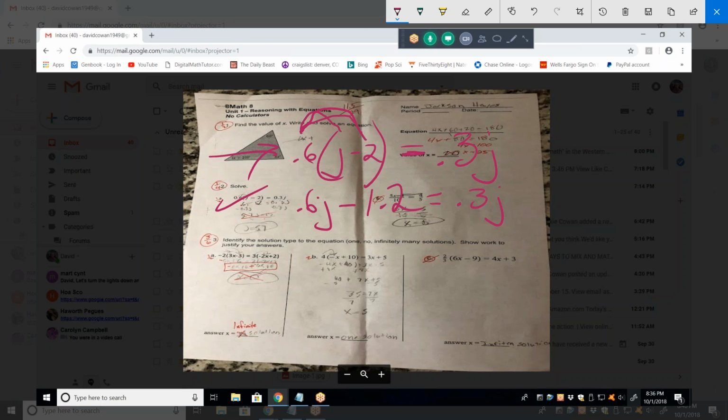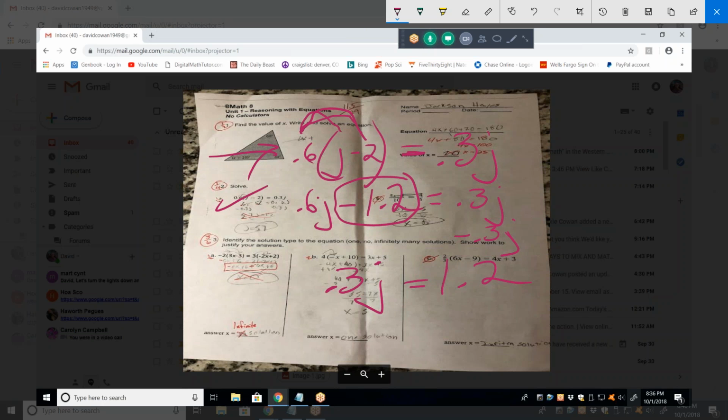Yeah, exactly. So if I subtract 0.3j from both sides, I end up with 0.3j on the left. And now I got to move that to the right side because I decided to put the j's on the left. So that actually becomes positive also.